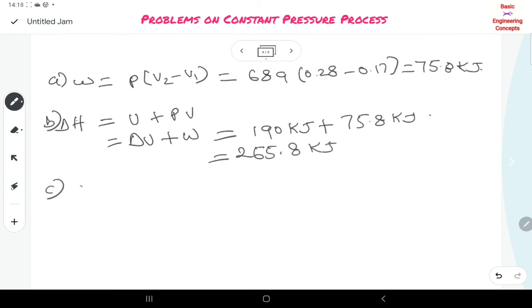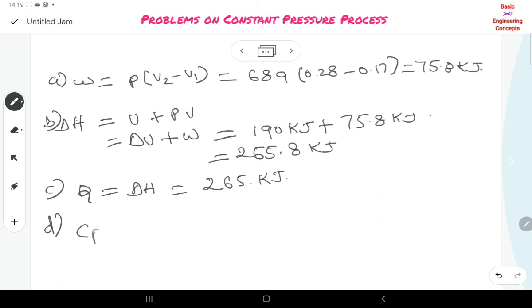Next is heat transfer. Change in heat transfer is equal to change in enthalpy. This is a very important one: in a constant pressure process, change in heat transfer is equal to change in enthalpy, that is 265 kilojoules.